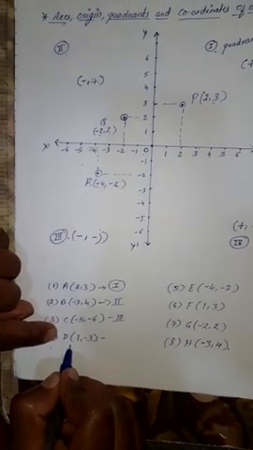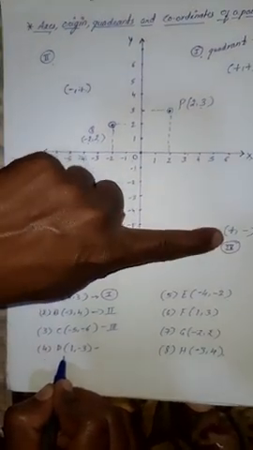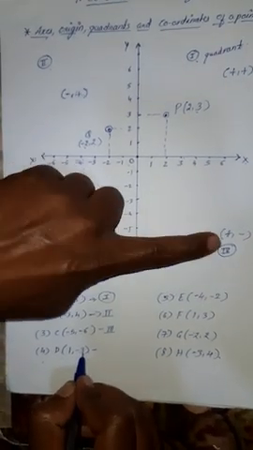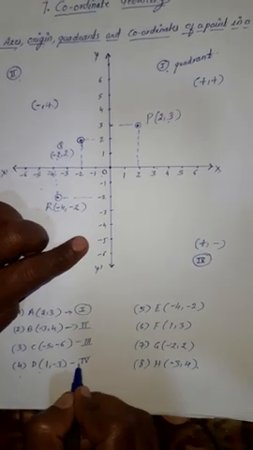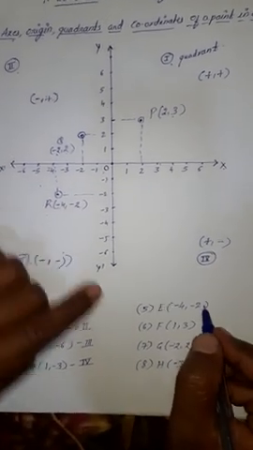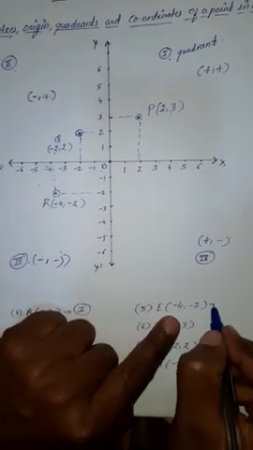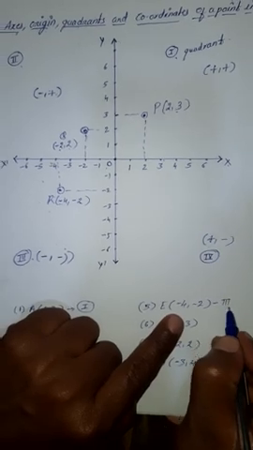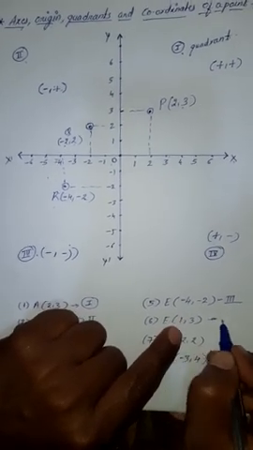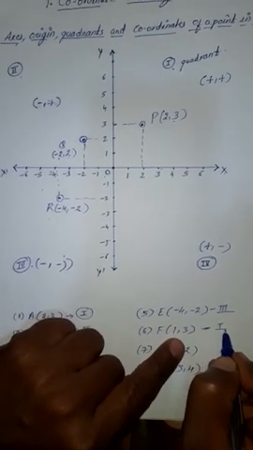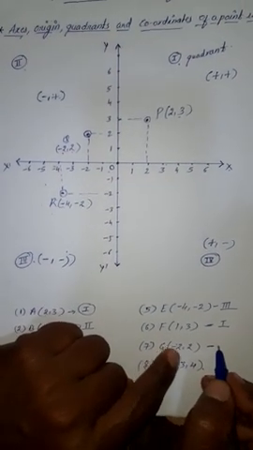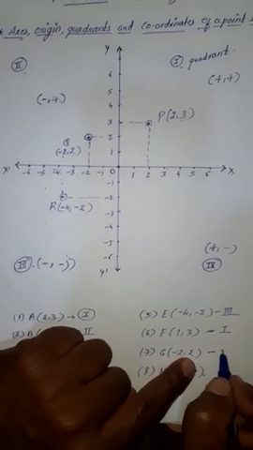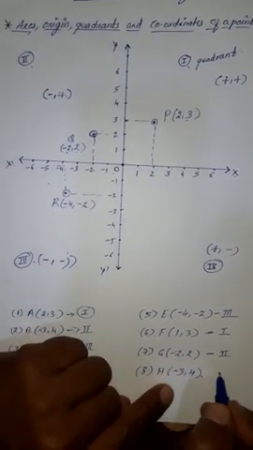Here x is positive and y is negative. It lies in the fourth quadrant. Here again both are negative, so this will lie in the third quadrant. Here both are positive, so first quadrant. Here x is negative and y is positive, so second quadrant.